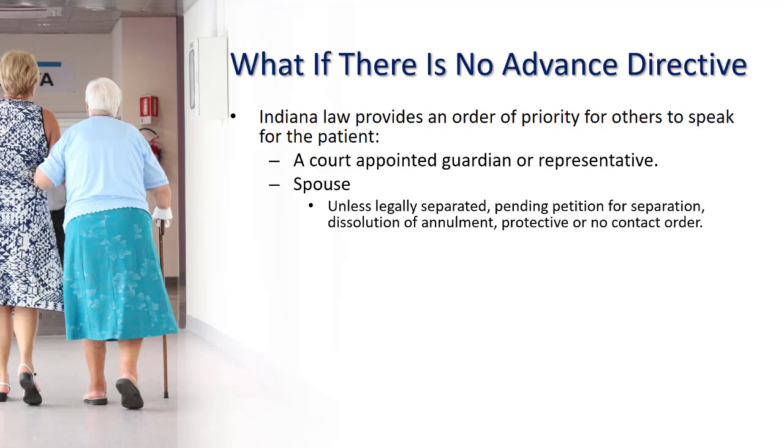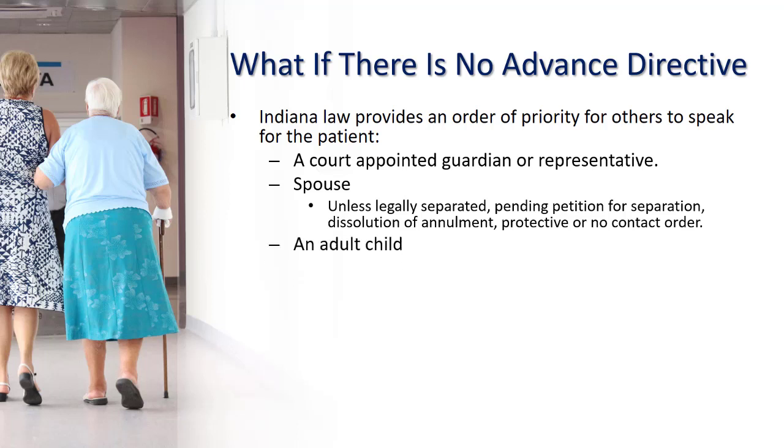The spouse can speak for the individual unless they are legally separated, unless there is a pending petition for separation, there is a dissolution of annulment, or there is a protective or no contact order. So in these cases, the spouse cannot speak for the patient.